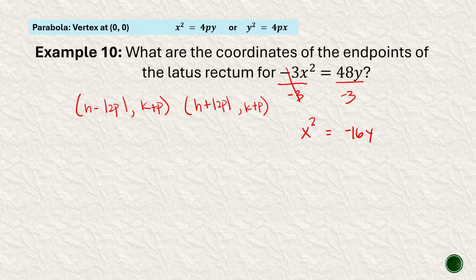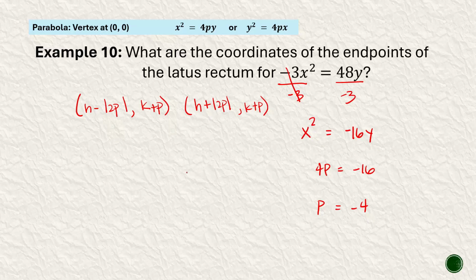Now the next thing that we will do is to solve for p. For p we have 4p equals negative 16, so p equals negative 4.